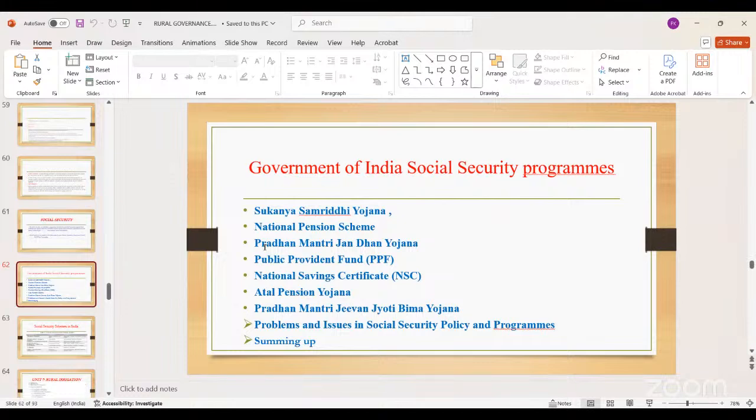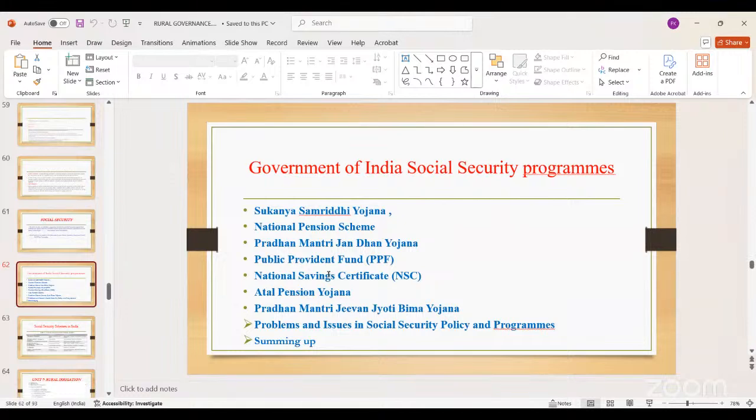Then the next is National Savings Certificate. It can also be called a small scale saving and tax saving investment scheme, and it is like a government bond issued for a time period of 5 and 10 years, and it is extremely popular among the masses.